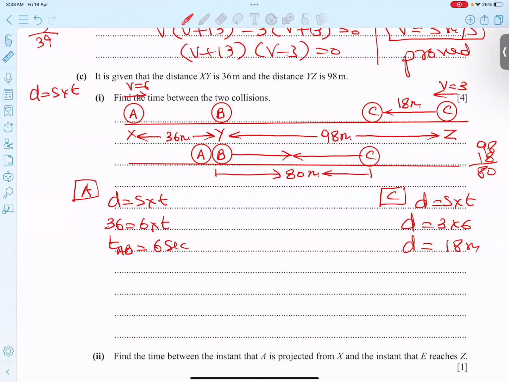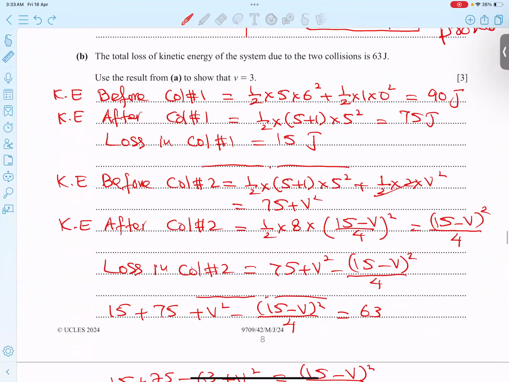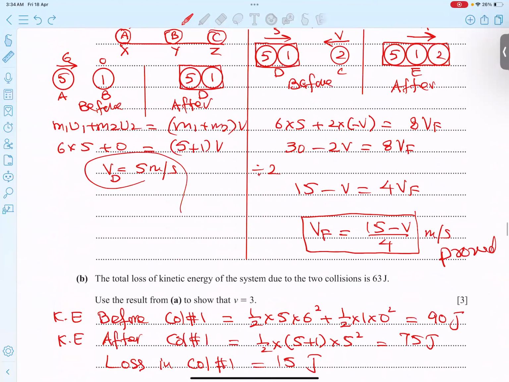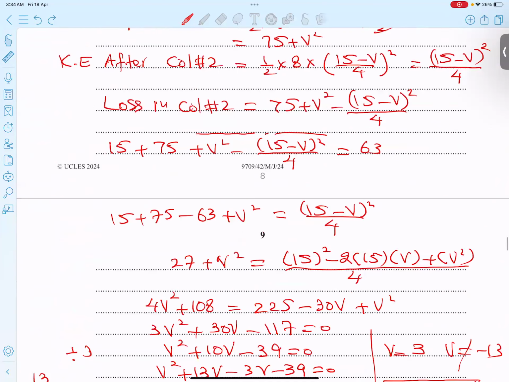Let's say they collide somewhere here. Second collision. When the second collision happens, can I say the distance traveled by AB and the distance traveled by C, if you add them, gives you 80 meters exactly. So let's try the third situation, which I'm doing in the middle. I can say distance of AB plus distance of C equals 80 meters. What is the distance formula? Speed into time. What is the speed of this collective particle now? We know it already: after this it is 5.